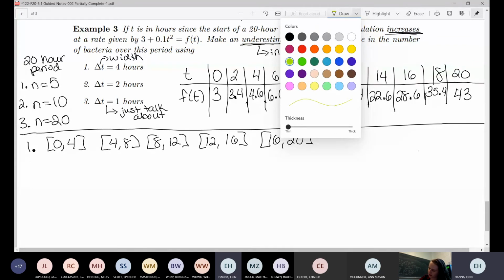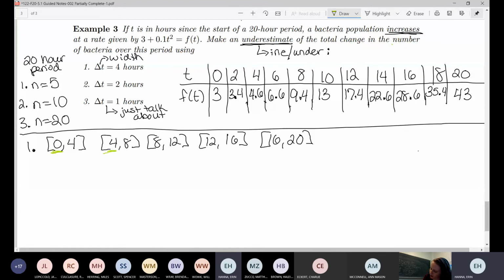So we're using a left-hand side sum, so we're going to need the values at 0, 4, 8, 12, and 16. So here's a case where, if I was originally given this table, but then asked to let delta t be 4, and I used all of the values, I would have been wrong.